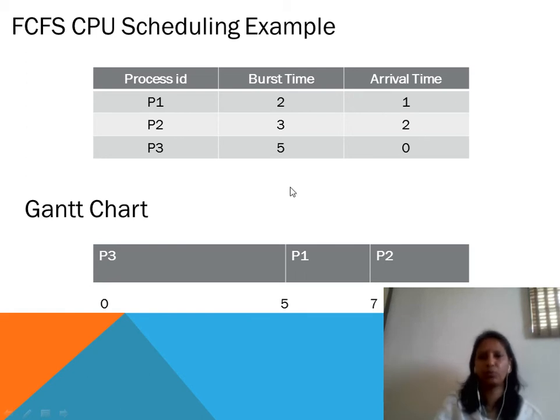So the next process is P1, which will start at the 5th time unit, and as it has the burst time of 2, it will end at the 7th time unit. At the last the scheduler is going to select the process P2, which will take 3 time units of execution time, and it will end at the 10th time unit. By this way we construct the Gantt chart for the given problem.